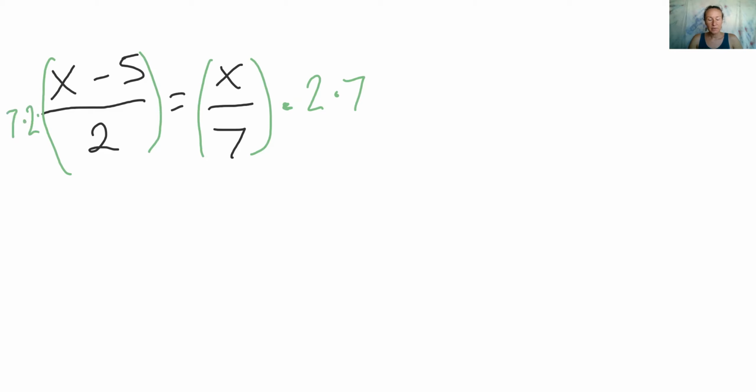All right. Now in doing so, if you remember how multiplying fractions works, you can maybe right now see that we can cancel out our 7s and we can cancel out our 2s.